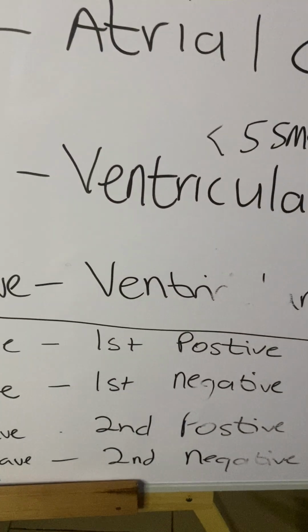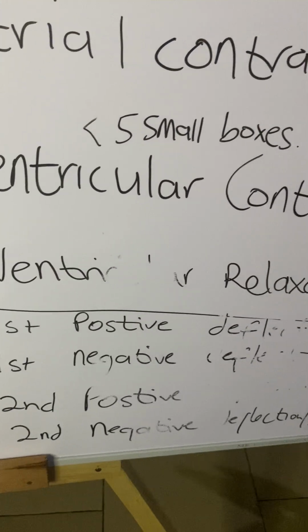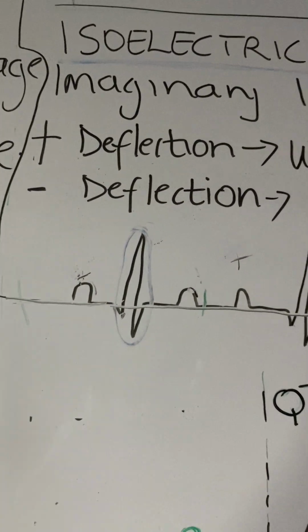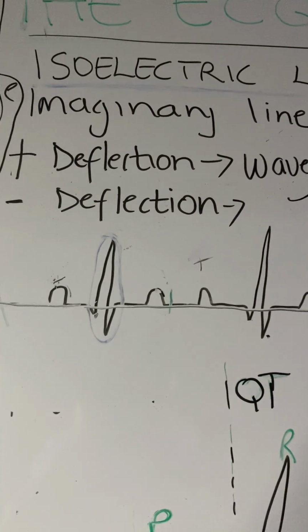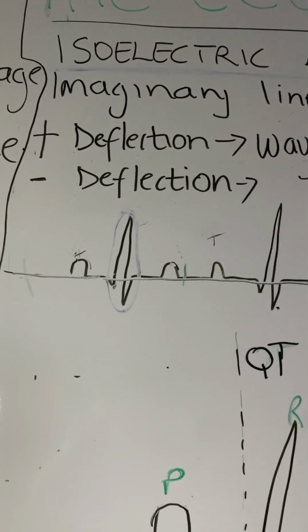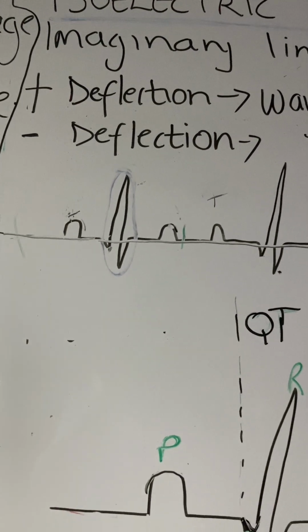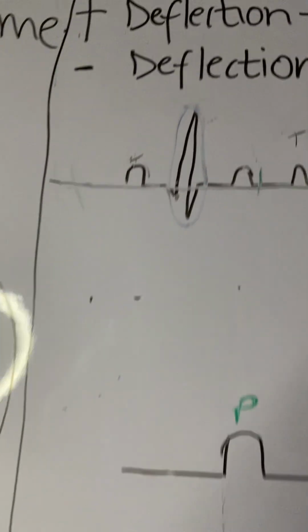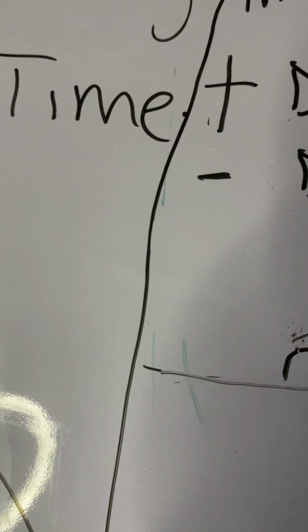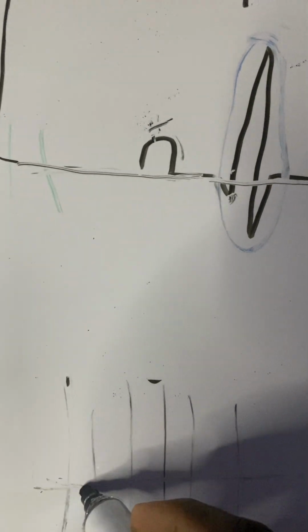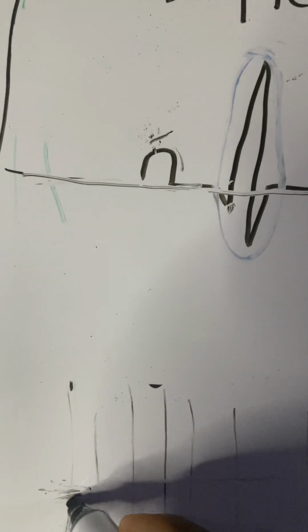The P wave, by definition, is the first positive deflection. Remember we're talking about positive deflections, negative deflections and the isoelectric line. That is why you need to have your imaginary line, or you can just eyeball and put your line there. So when your reading begins, you usually see some horizontal line.